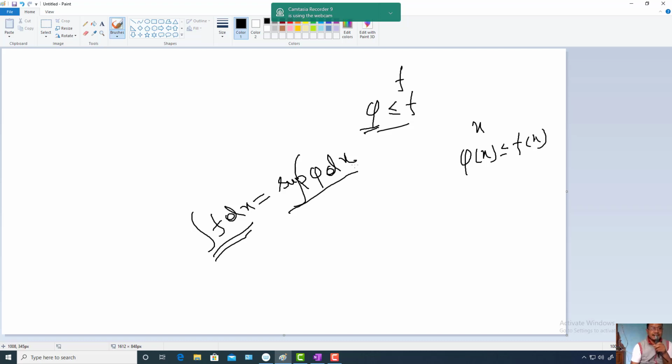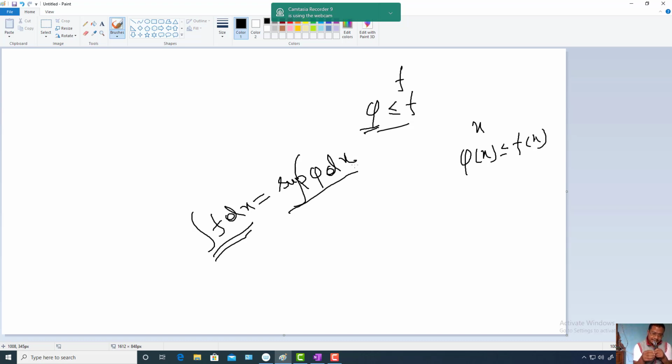So this is the idea of defining Lebesgue integration. First we define what a simple function is, then a simple measurable function, then how to define integration on a simple measurable function by borrowing the concept from our 11-12 standard geometrical interpretation of integration.